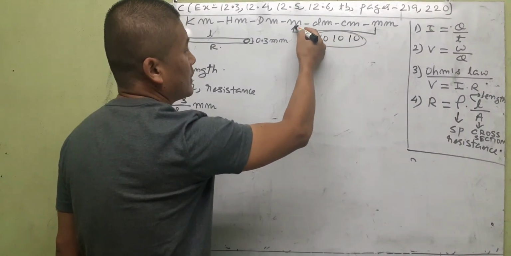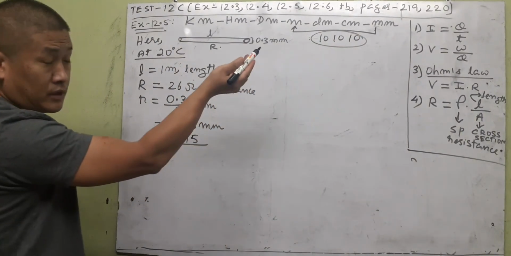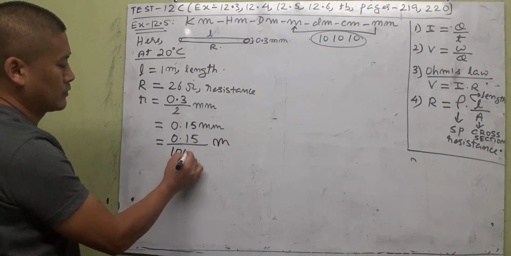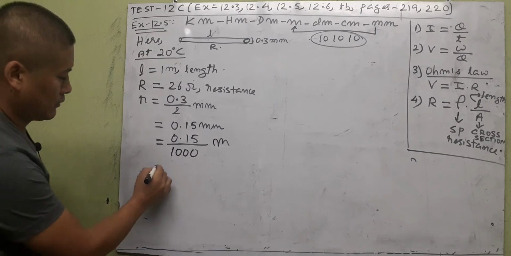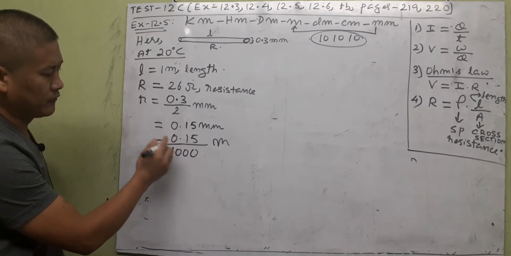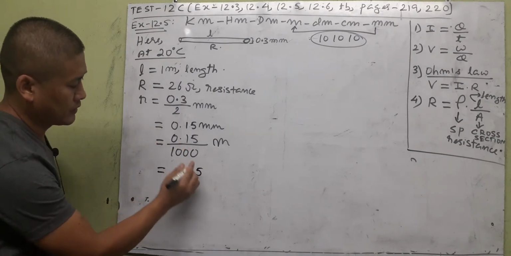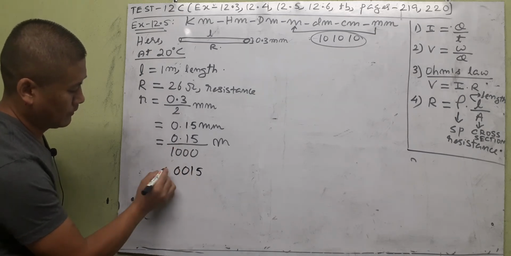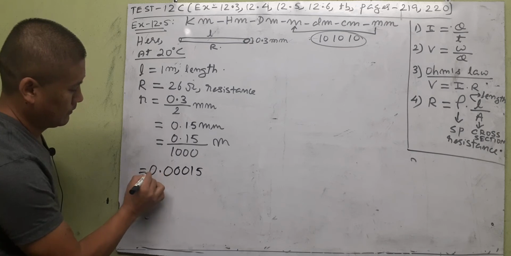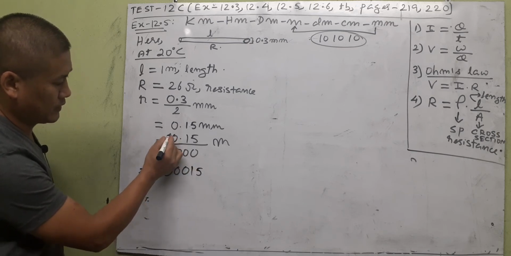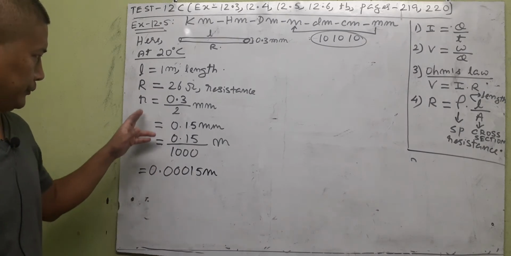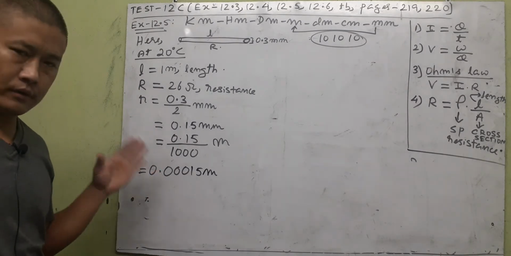Had you been changing big to small, you would have multiplied, but you're changing a small millimeter to the big unit meter, so by 3 zeros. When we divide by zeros, the decimal moves left, so we start counting from the original place here. 1, 2, and 3, because there are 3 zeros, so the decimal has shifted 3 places. This much meter is the radius. Not hard, just listen.